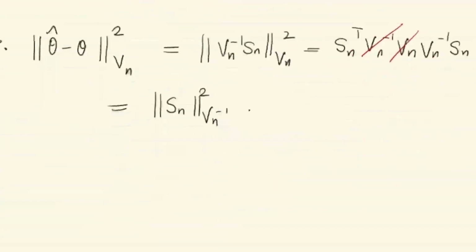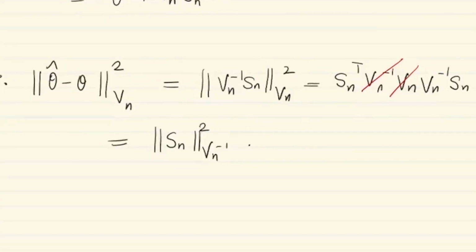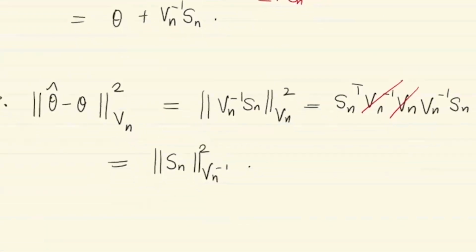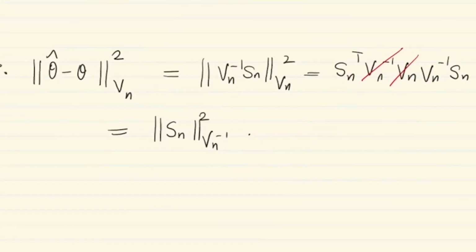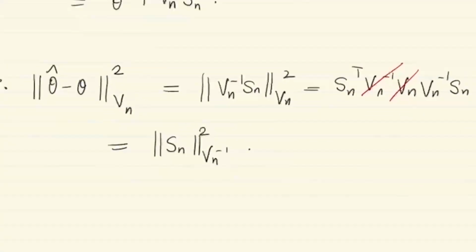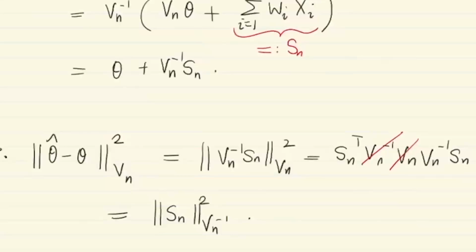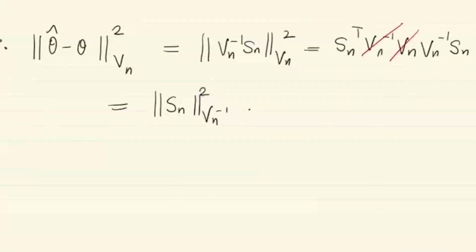Now, if we want to control theta hat minus theta in the Vn norm, as with the fixed design setting, this is equivalent to controlling the Vn inverse weighted norm of the random vector Sn. Sn itself is the sum of n random vectors, each of them being the wi xi's.